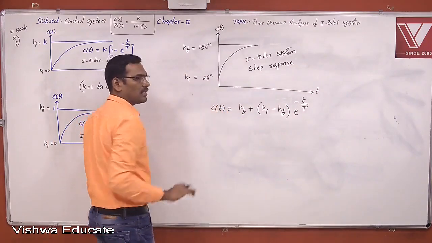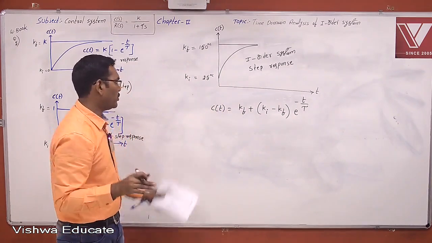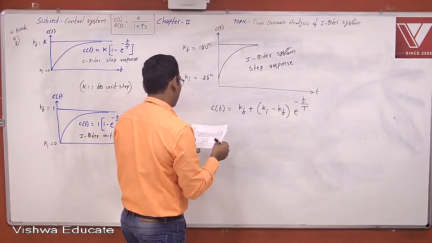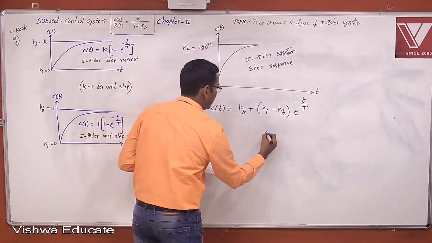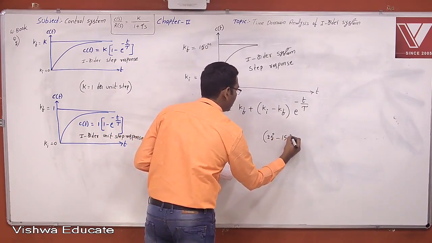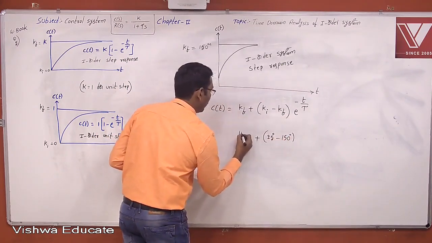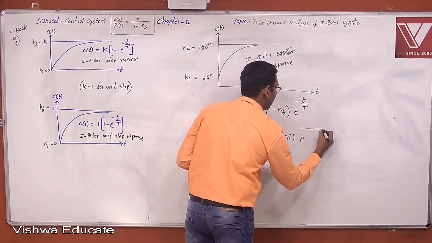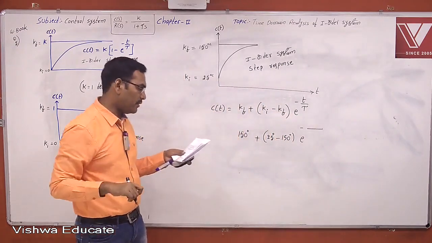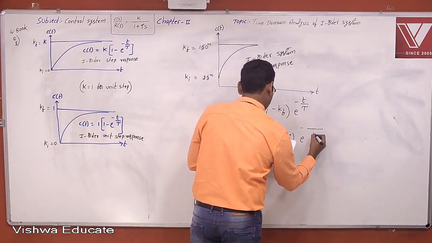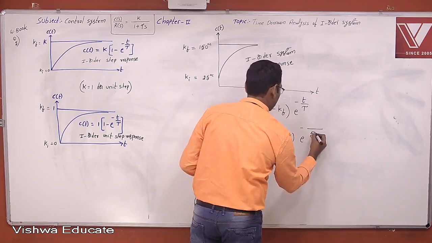If the response does not start at the rest position, then what is being asked? A thermometer represents a first order system subjected to a temperature change. Initially it is 25 degrees centigrade, finally 150 degrees centigrade, and it has a system time constant of 5 seconds.